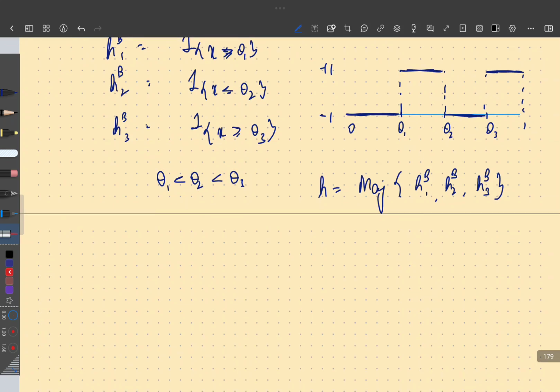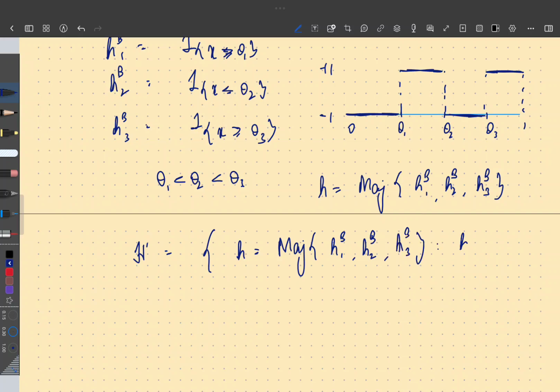If I look at this new hypothesis class H prime, which is the set of all H which can be written as the majority of H1b, H2b, H3b for HiB in the base hypothesis class, this is a much richer class than the base hypothesis class.